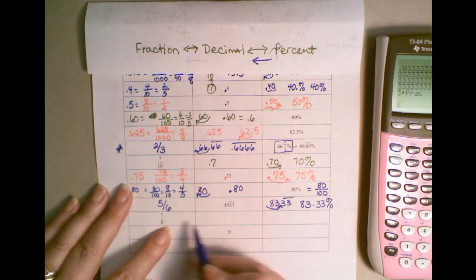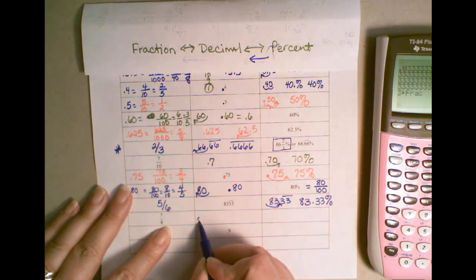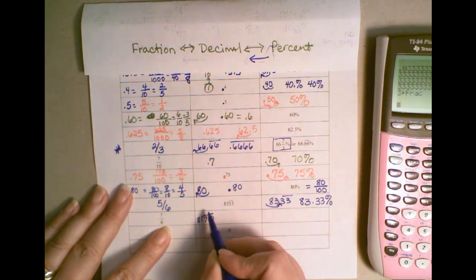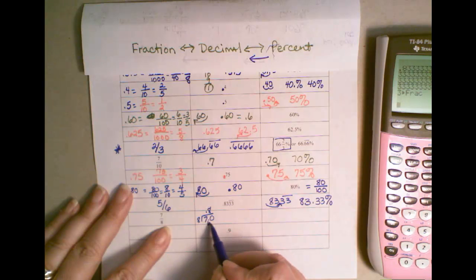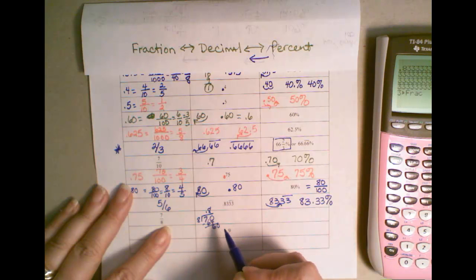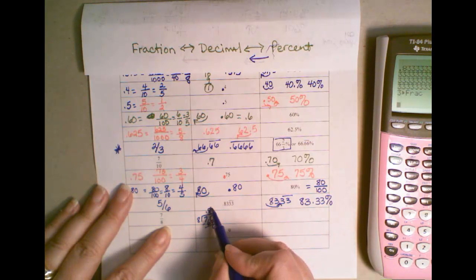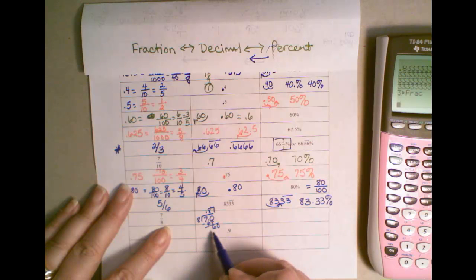The next one, we have 7/8, and we're going back to that division. 8 divided into 7. 8 goes into 7 0 times, so 8 goes into 70 8 times, which gives me 64. With 6 left over, 8 goes into 60 7 times, which gives me 56.